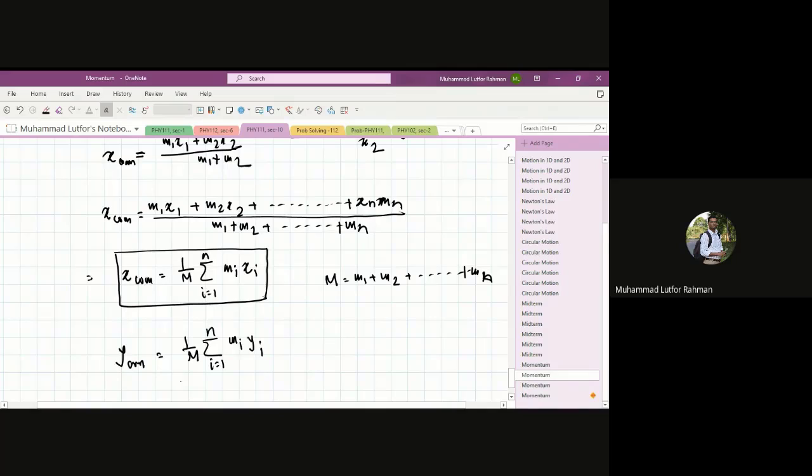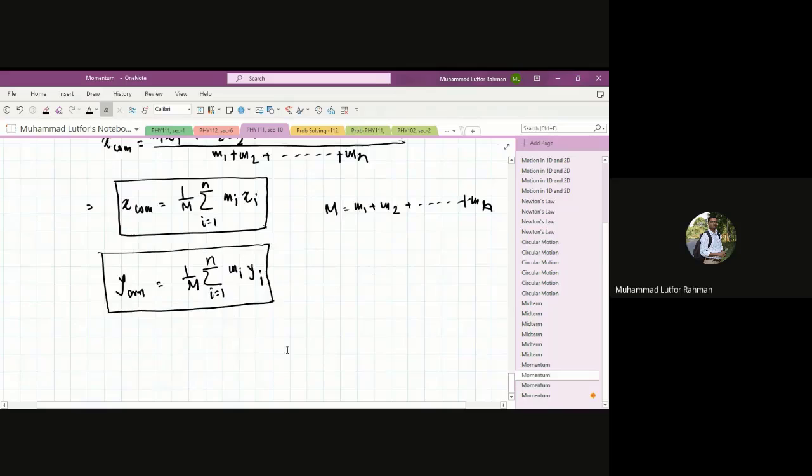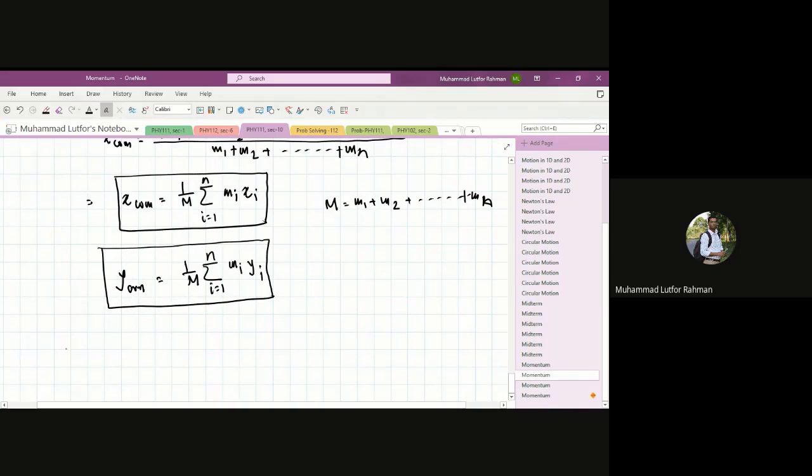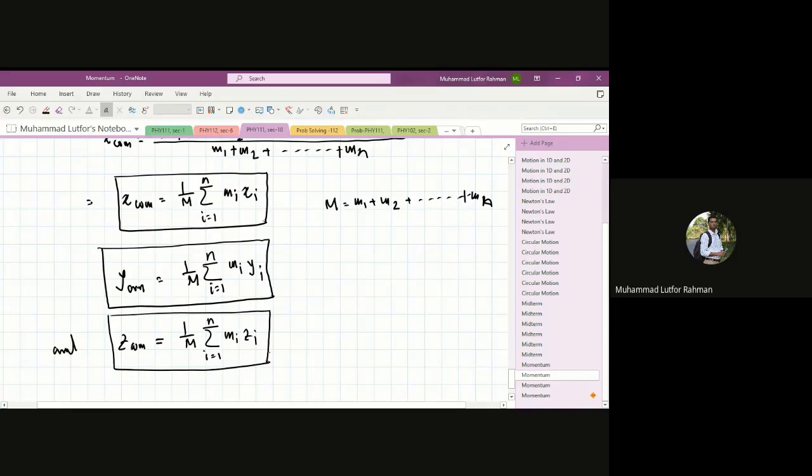For the z direction, if it is three-dimensional, we can also write zcom as 1 over M times the sum, i from 1 to n, of mi into zi. That's how we can find out the center of mass of a point particle or system of masses, where the center of mass of the system would be.